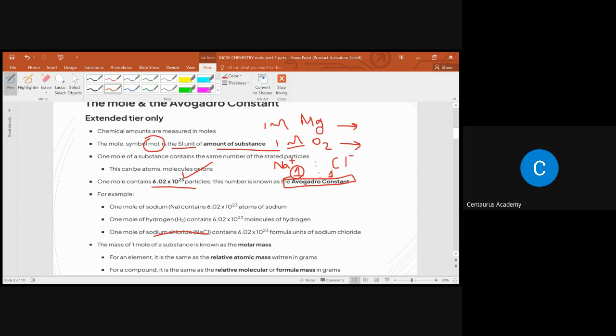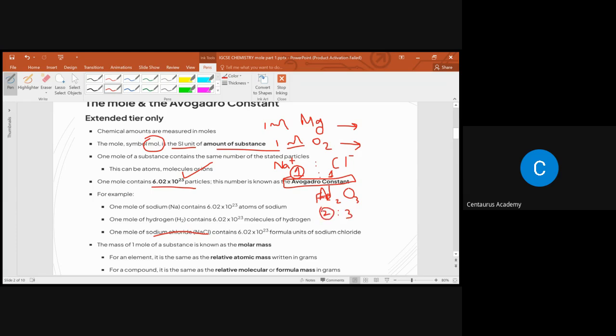Are you getting me? But supposing I say you have aluminum oxide, Al2O3. The ratio here has changed to 2 to 3.